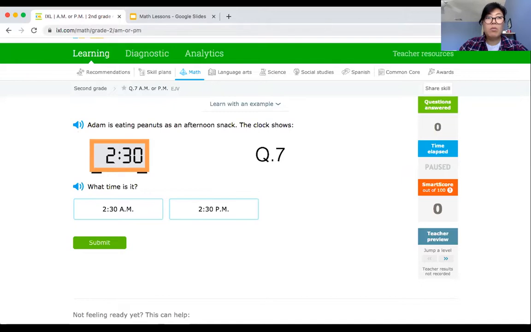A good way to know whether it's PM or AM is to look at the sentence. We know he eats in the afternoon, so afternoon is PM. So we know that he eats at 2:30 p.m., because remember, AM is after midnight in the morning and PM is past midday.